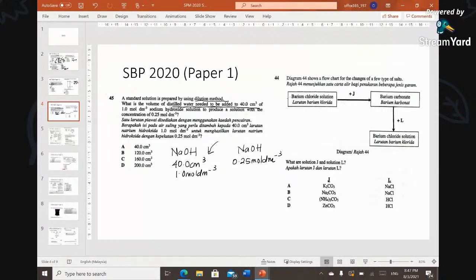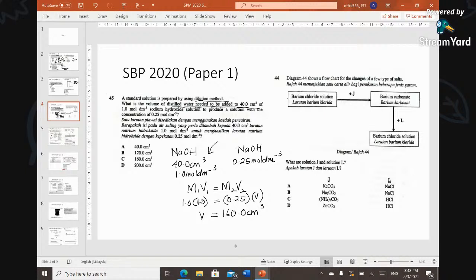You can use M1V1 equals M2V2, because your number of moles before and after is going to be the same. So substitute in and find out the volume. After calculating the volume, you get 160 centimeter cube.